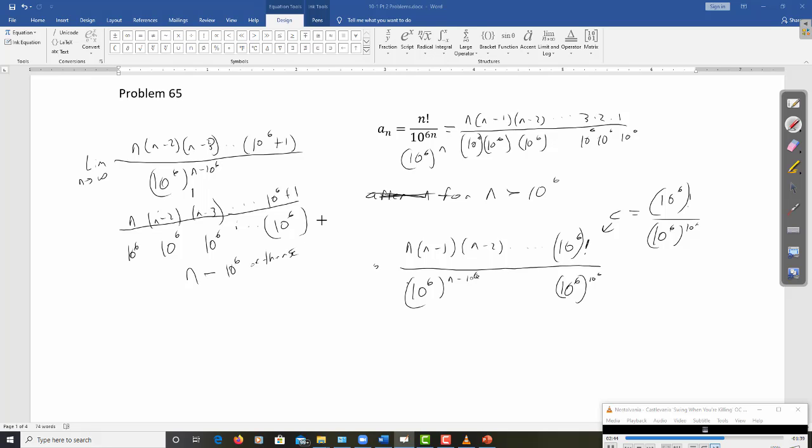And if we just compare them to, let's see, what's probably the easiest way of doing it? If I make them smaller, all of these make it larger, so this is greater than n over 10 to the 6th, and then this goes to infinity, so this has to go to infinity as well.